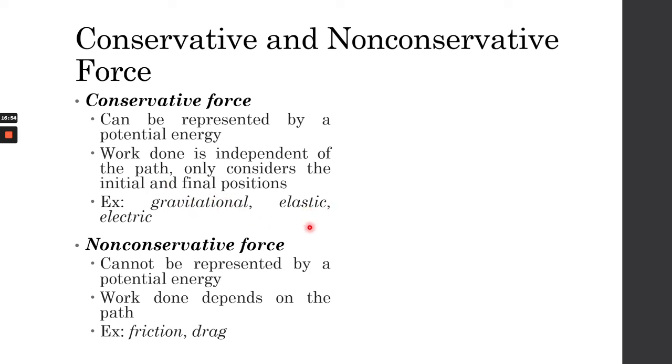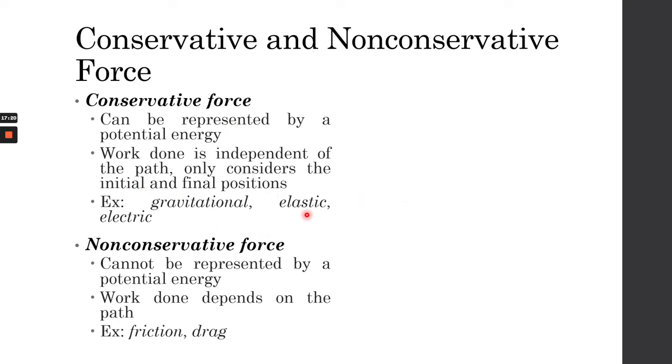The same thing with elastic. We talk about elastic when we talk about a spring. We do not care how we stretch the spring. What we care about is the initial length of the spring and the final length of the spring as we stretch it out.